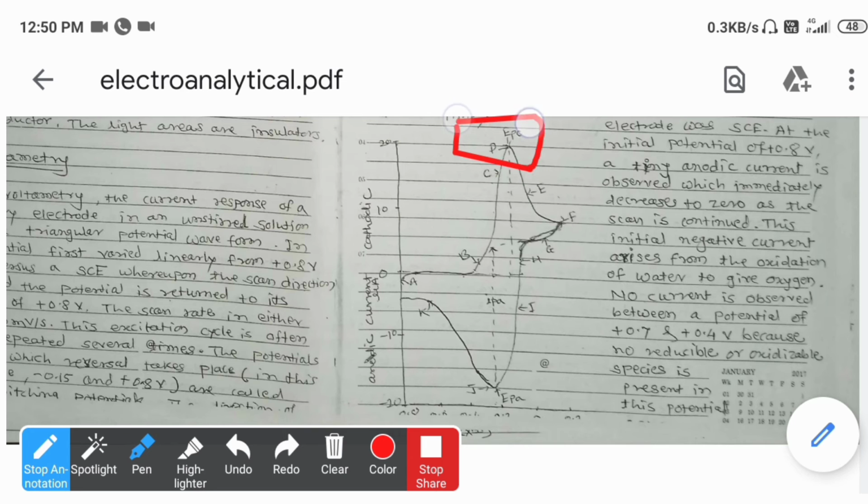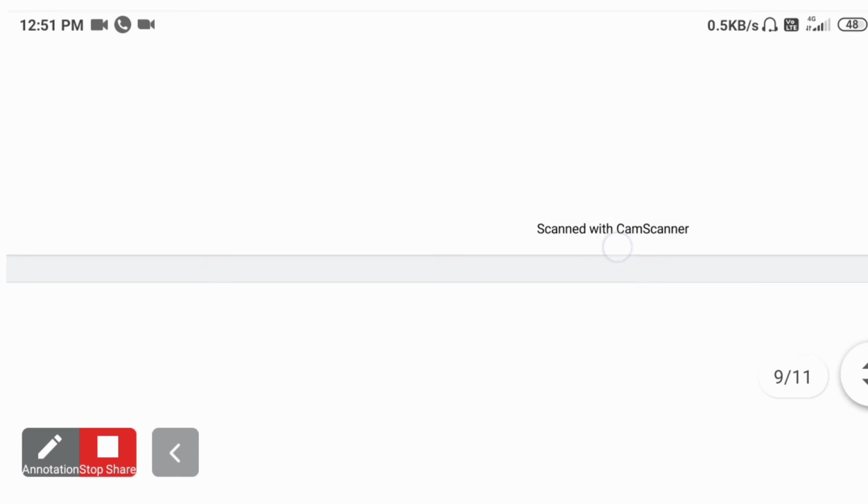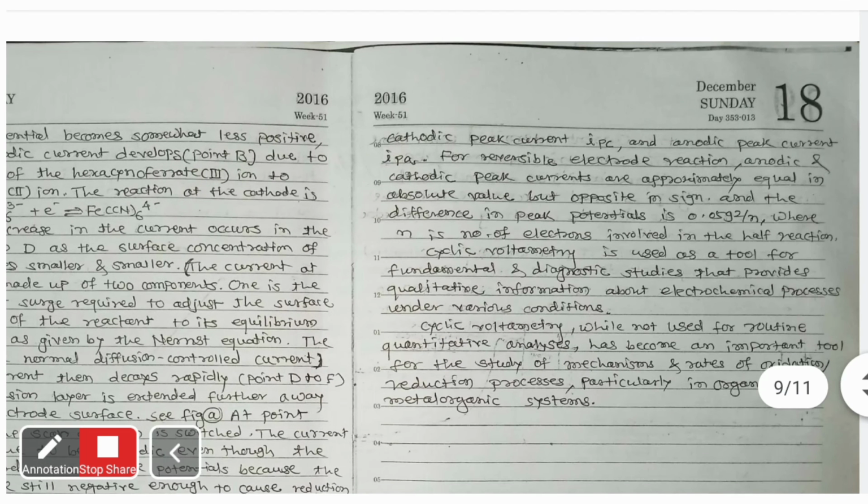Here we can see the cathodic peak current and anodic peak current. Okay, and if we extend this graph on the potential axis, the input signal, we will get the cathodic peak potential and anodic peak potential. So those are the various important parameters used for the analysis.